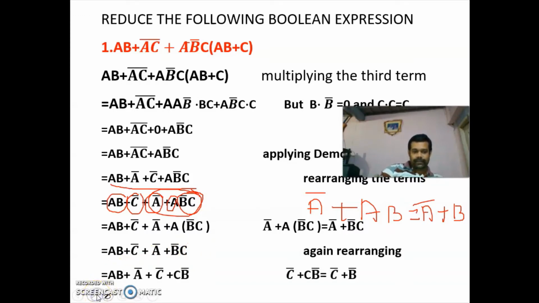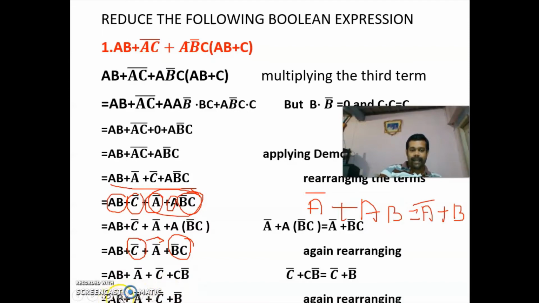Next, here you are having C bar. Here you are having C. So you have to write these two terms nearer. So you'll be getting C bar plus C B bar. Again, this is of the form A plus A bar B or A bar plus AB, that is nothing but A bar plus B. So C bar plus C B bar is equal to C bar plus B bar.